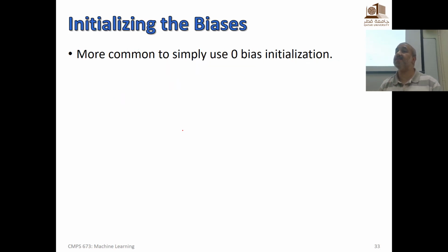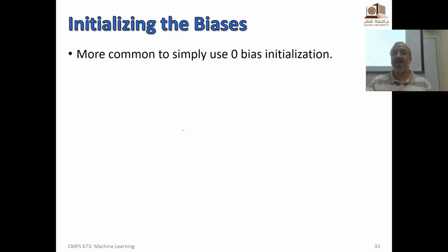But how about the biases? If we do that with the weights, can we initialize the biases to zeros? If we initialize the weights to non-zero values, then yes, of course, we can initialize the biases to zeros. That will not be a problem. They will not be copies because the weights associated with them are different. So we can simply use zero bias initialization.